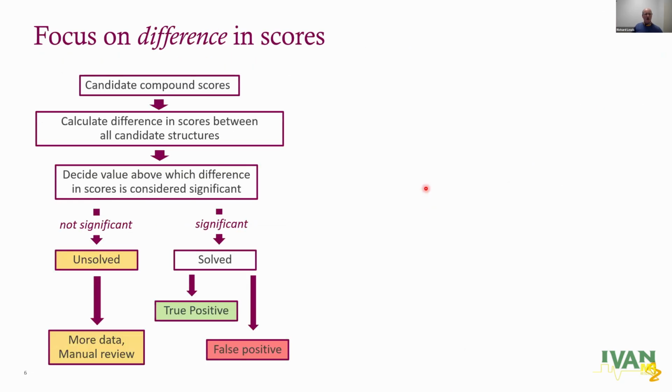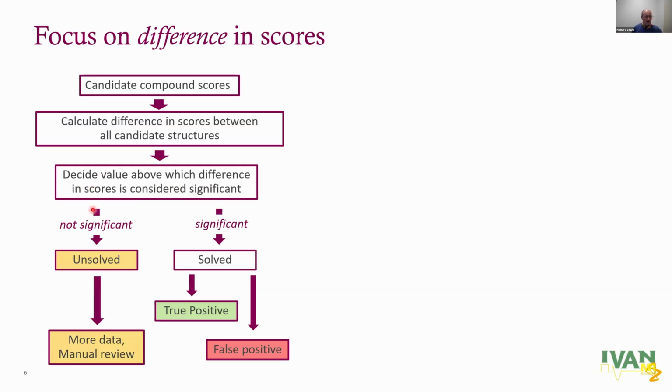So how does that work in practice? We have a number of candidate molecules and their candidate compound scores. We calculate the difference in scores between the candidates, and then we decide whether the difference in scores is significant. So the hypothesis is that the higher scoring compound is correct, but it needs to be higher scoring by a certain margin.